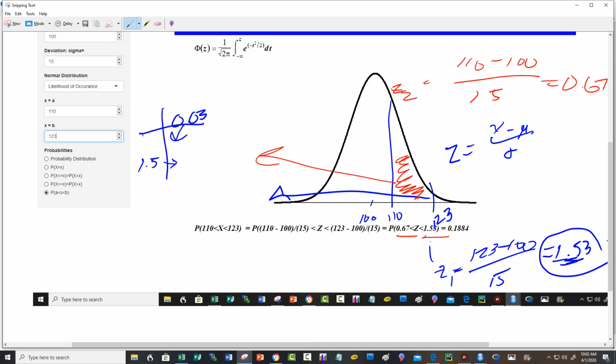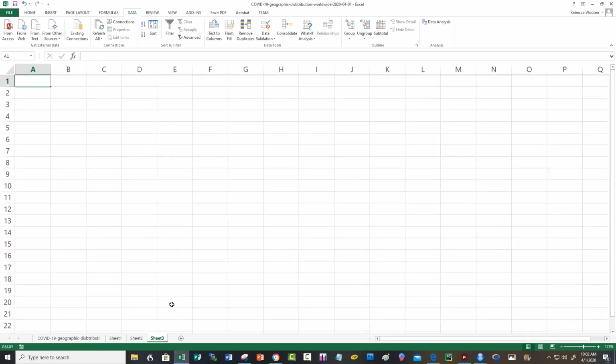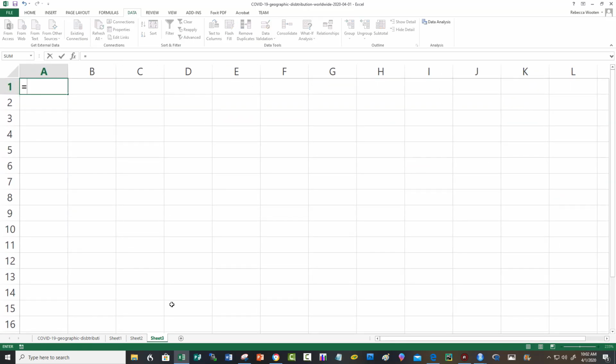So let's look at Excel. I'm going to go ahead and just grab another worksheet here. Equals normal, cumulative. So I'm going to say NORM.DIST. And it'll tell you what it's doing. It returns the normal distribution for a specific value. So dot distribution.